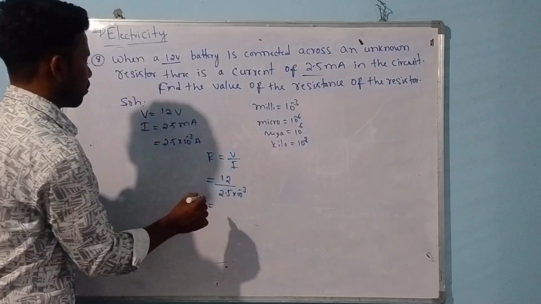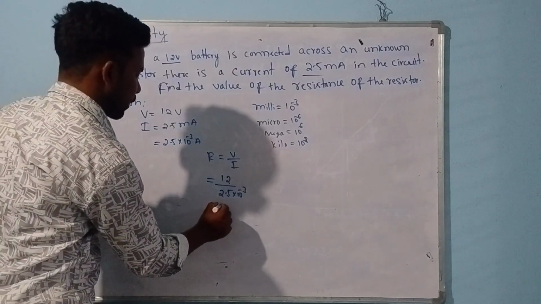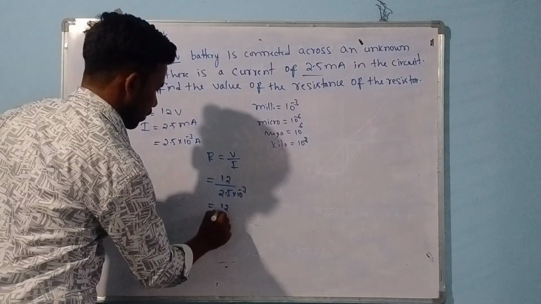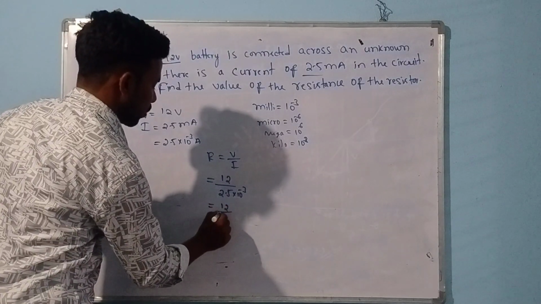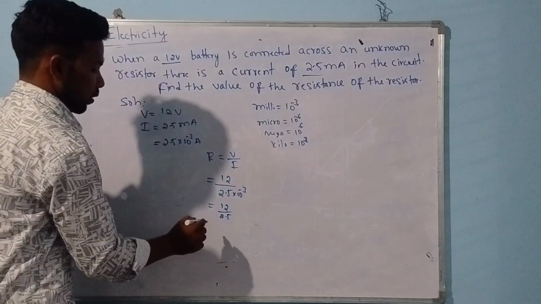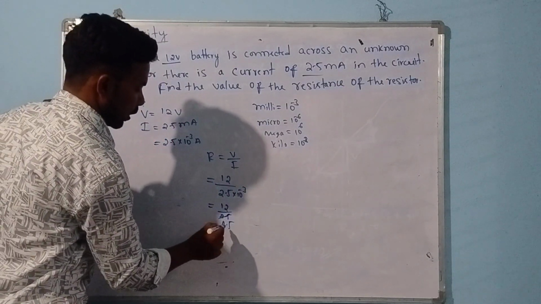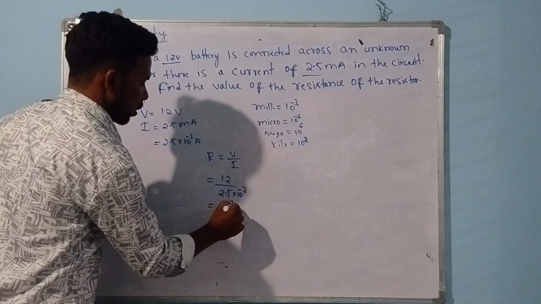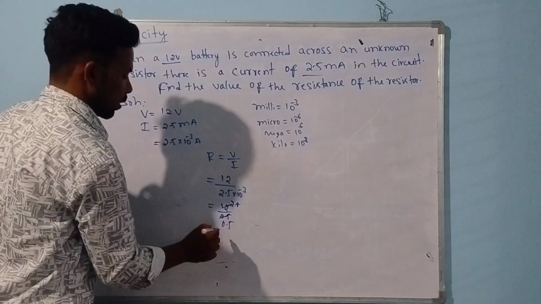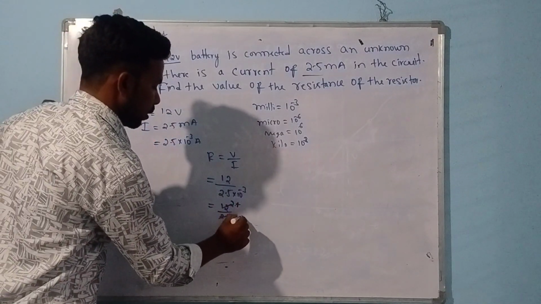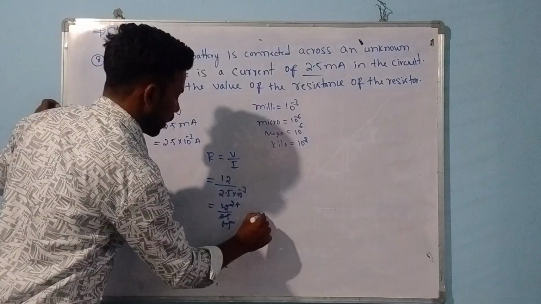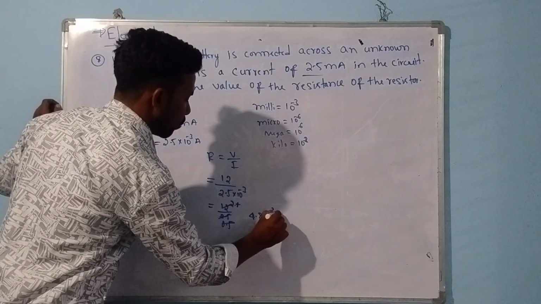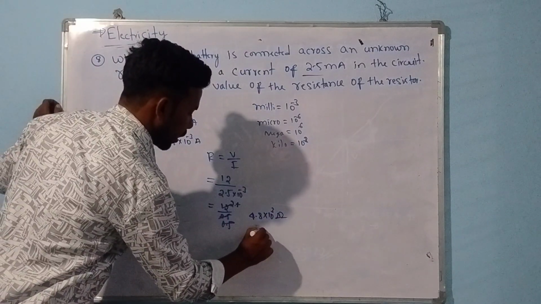If it goes up, 12 by 0.5 becomes double, so 4.8 into 10 to the power 3 ohm, that is nothing but 4.8 kilo ohm.